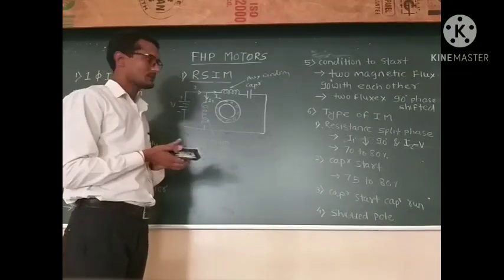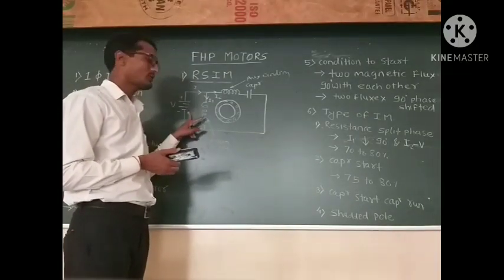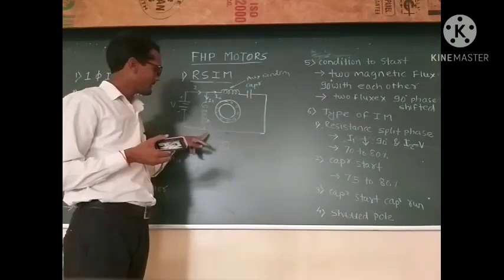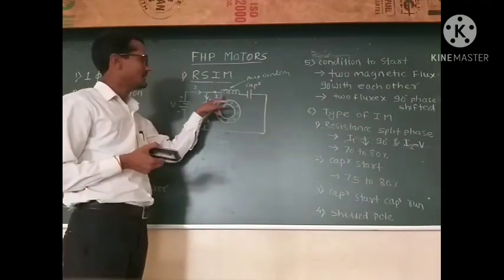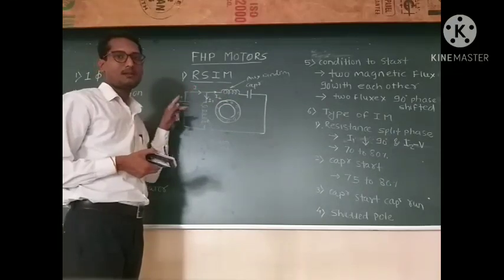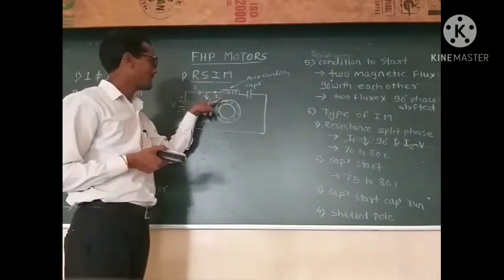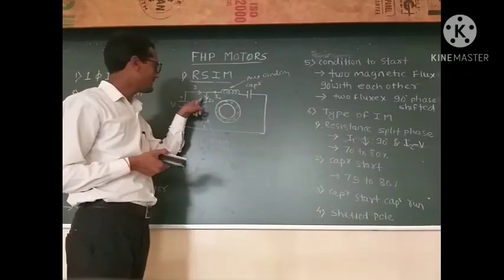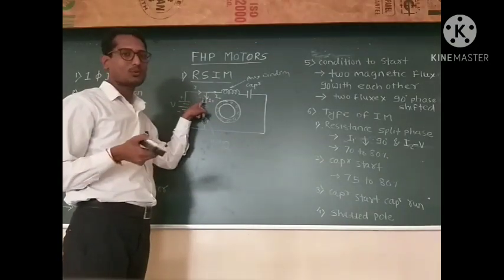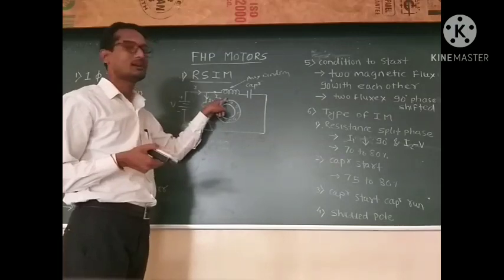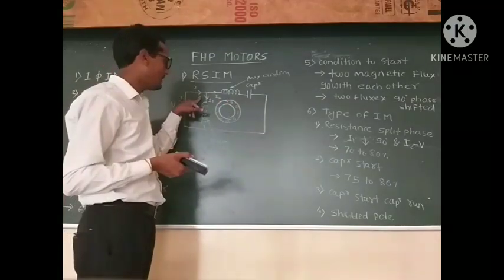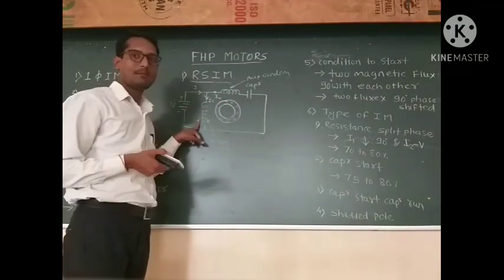So what happens here? There are two types of winding. First is the main winding, second is the auxiliary winding, and the main current is divided into two currents. First is the I1 current, second is the I2 current. The I1 current passes through the main winding.